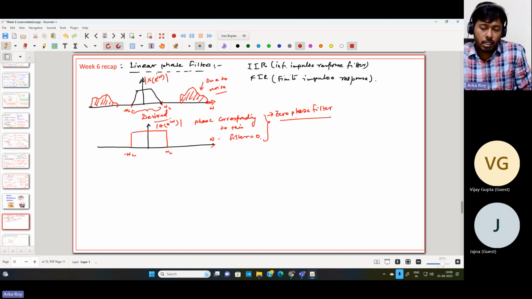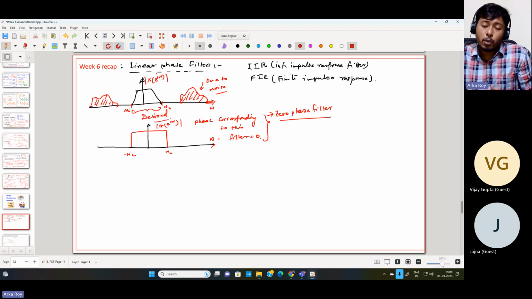We'll see that in case of zero phase filter, we have non-causal operations. Non-causal operations cannot be applied in digital signal processing, because in case of any real-time signal, I don't know the information about the future samples given the present and past. So zero phase filter is not typically used in a real-time digital signal scenario.